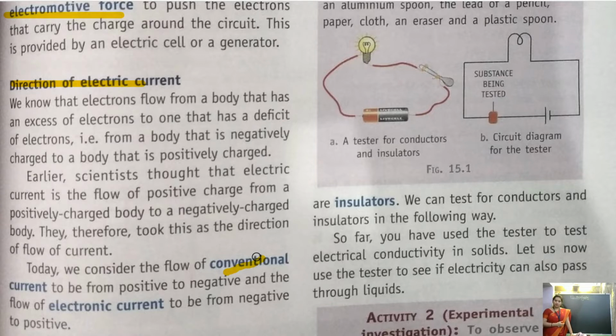And according to the conventional method, the current moves from positive to negative direction. Okay, it moves from positive to negative direction, whereas electron moves from negative to positive, according to electronic current. Okay, so I'll make it clear again.